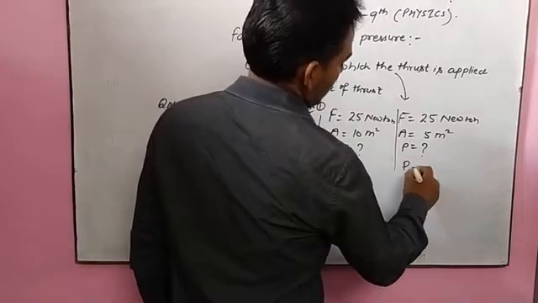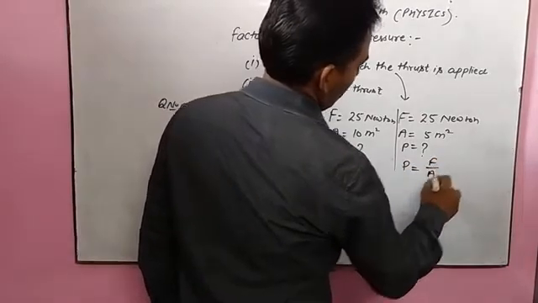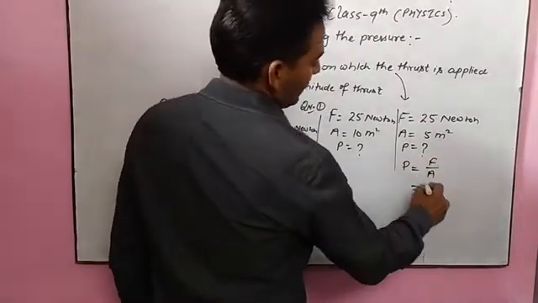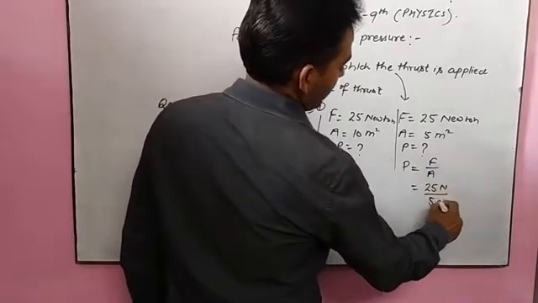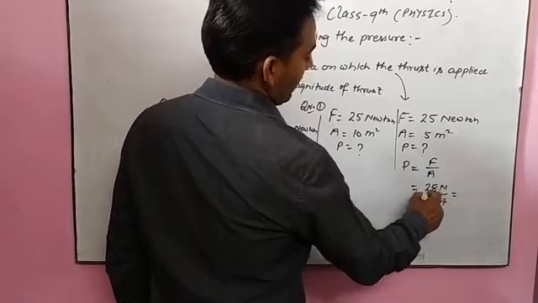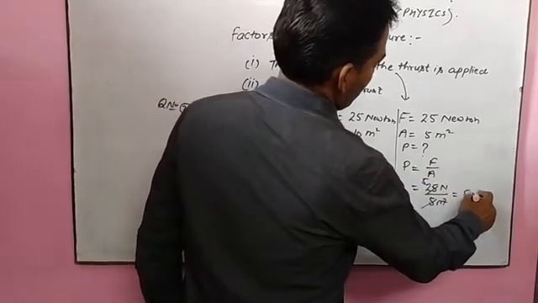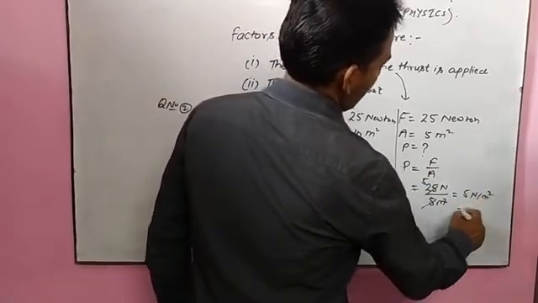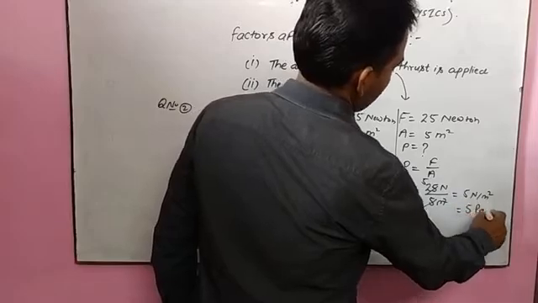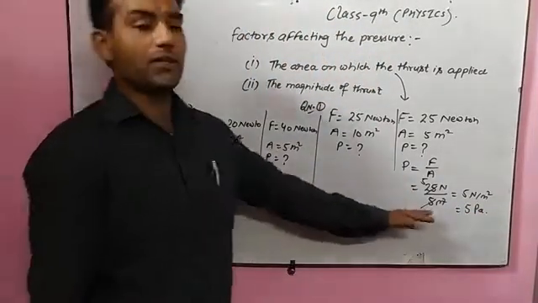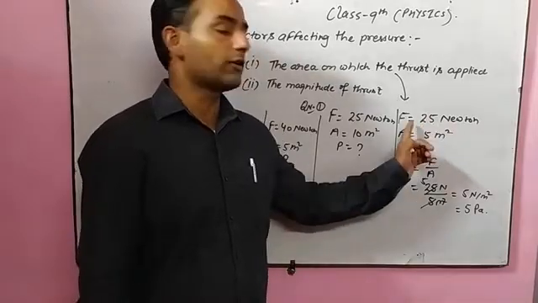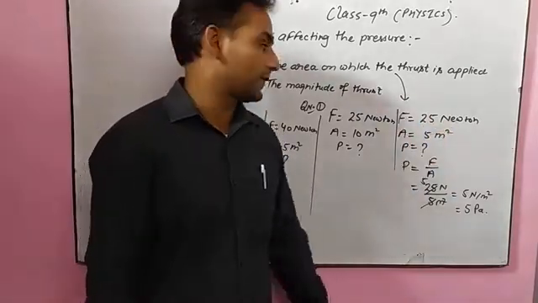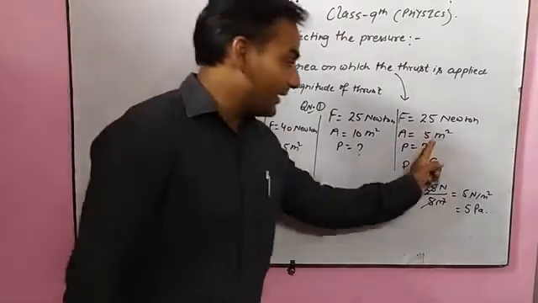Pressure P is equal to thrust upon area, we all know. Thrust is 25 Newton and area is 5 meter square. If I solve it, 5 fives are 25, so 5 Newton per meter square, or you can say 5 Pascal, is the pressure exerted on the surface of the object by this 25 Newton force when the area is 5 meter square.